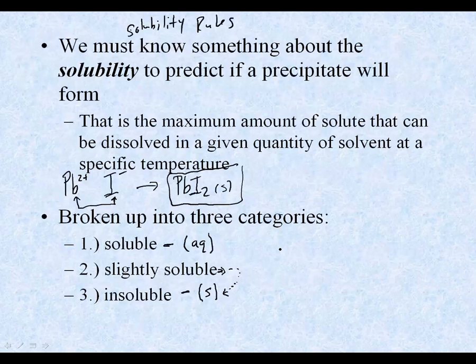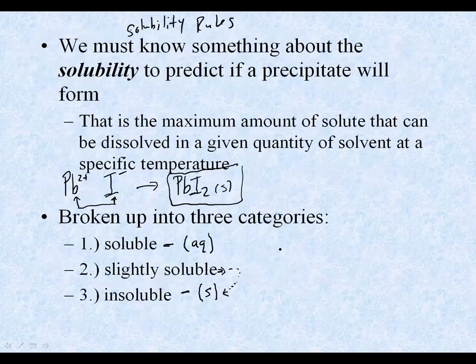And in real life and in real applications, even things that are technically insoluble under certain parameters, you can get it to be soluble. So in general, when we talk about soluble and insoluble, we talk about basically the idea that in water, will it dissolve or make a solid? There really is no symbol for slightly soluble.